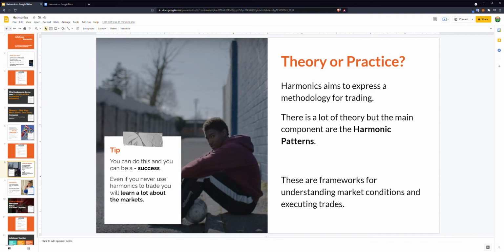Harmonics aims to express a methodology for trading, and as such there's a lot of theory, but the main component is, of course, the harmonic patterns themselves. Within that framework you understand the market conditions, and thereby you're more able to execute trades and understand exactly where you are using these theories. So a lot of the practice you'd go on to do would be informed by this theory.